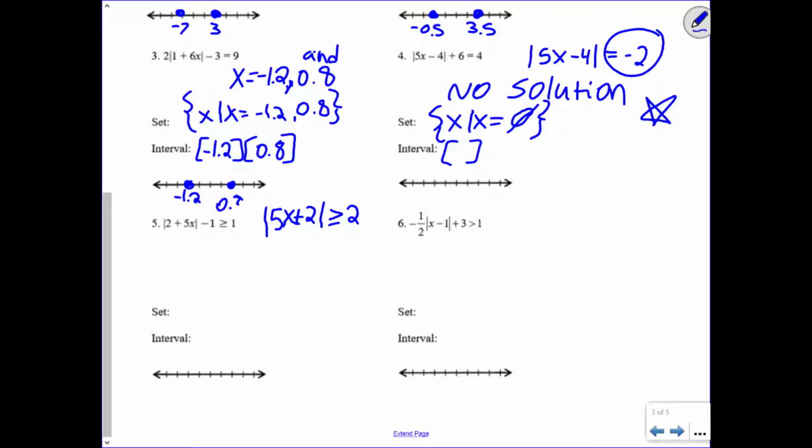Now we're going to do the split. When you write the split, remember how we had a positive and a negative version? When I write the positive version, it's going to look identical to the absolute value expression, just without the absolute value bars. The other one is still going to be 5x plus 2. What do you think is going to happen to the inequality?